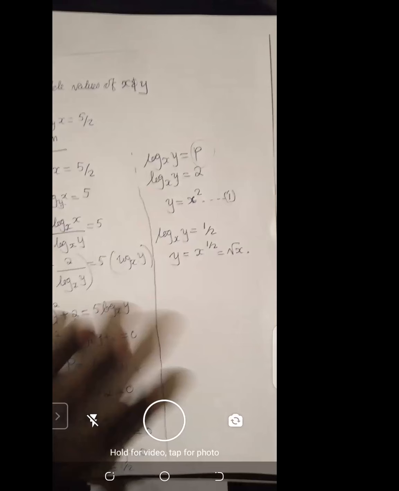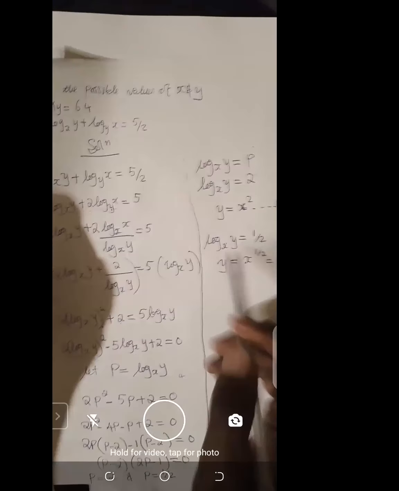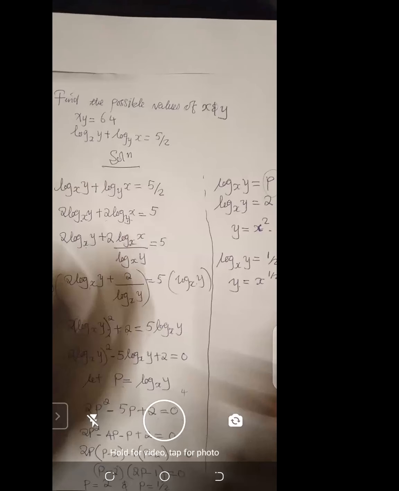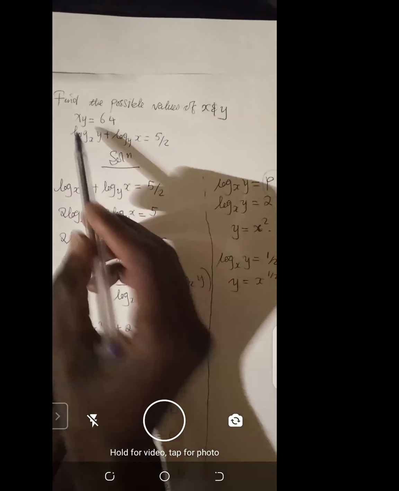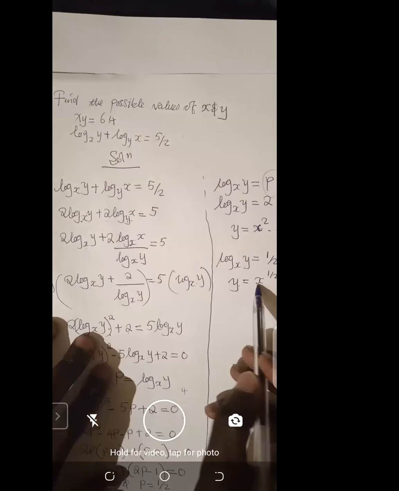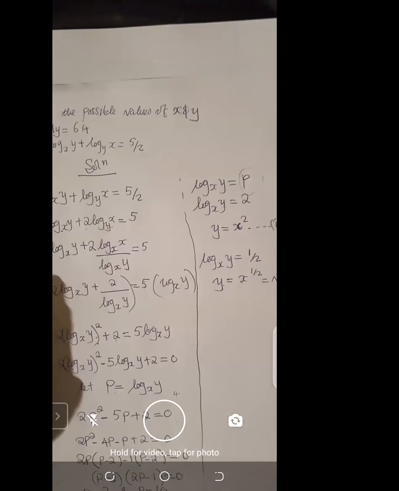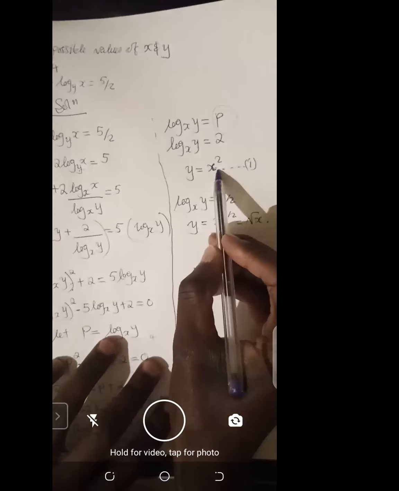But you know, this is what we've obtained from this expression here. So this is a simultaneous equation. We have that xy is equal to 64, and then we have that y is equal to x squared and y is equal to the root of x. So for the first one, y is equal to x squared, you consider xy is equal to 64.